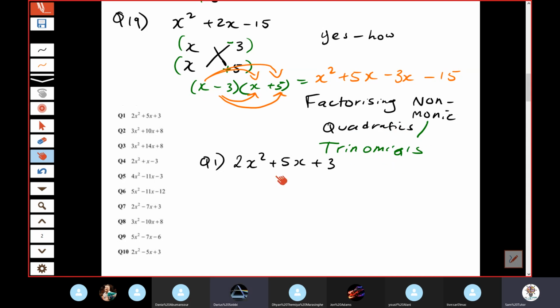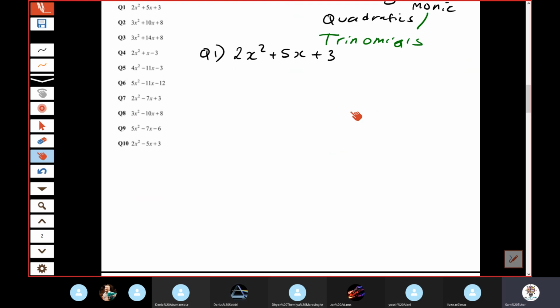Trinomials, specifically these. Quadratics, everything that will expand to get you to 4 terms. So like parabolas and stuff like that will all be quadratics. Good question, but yeah, we're going to use quadratics.